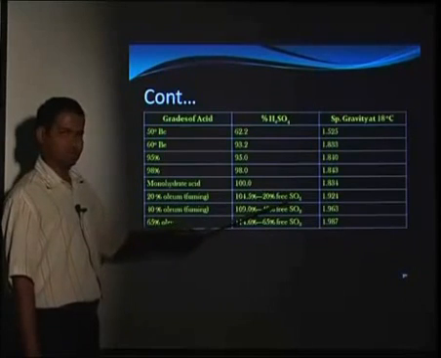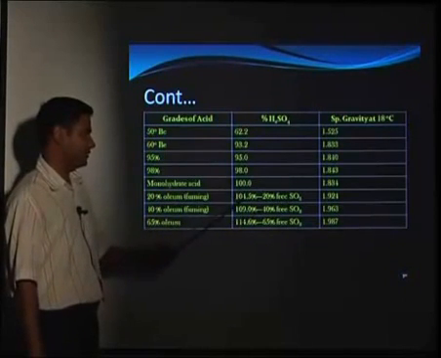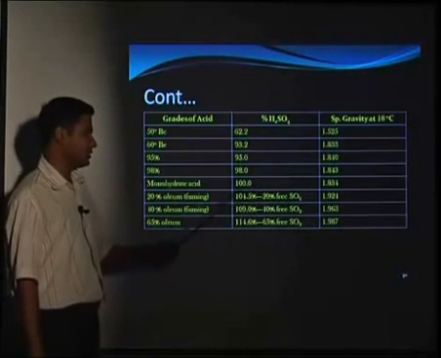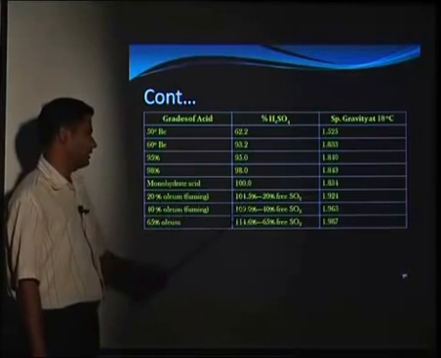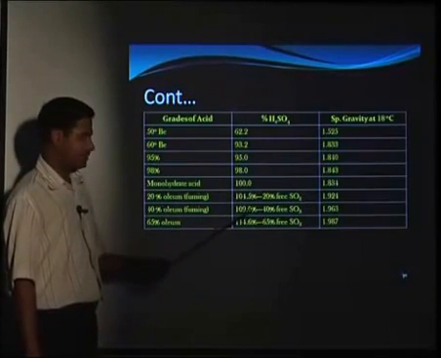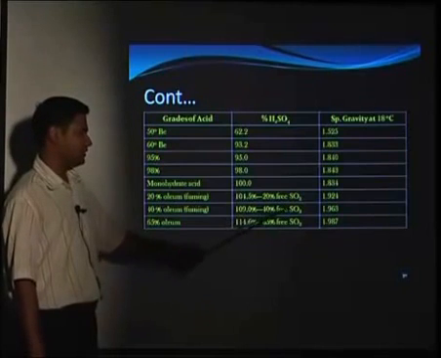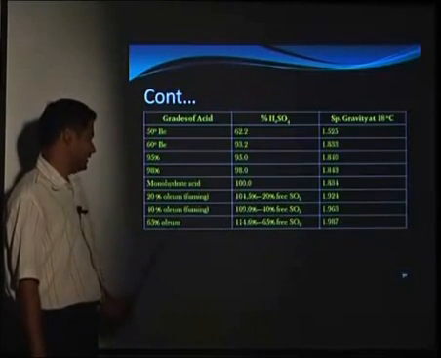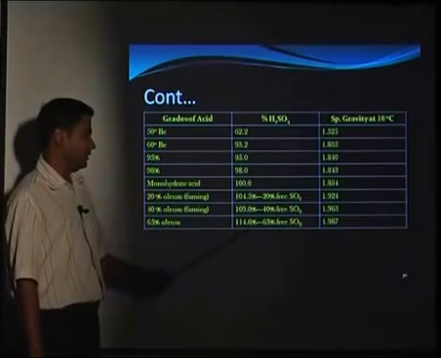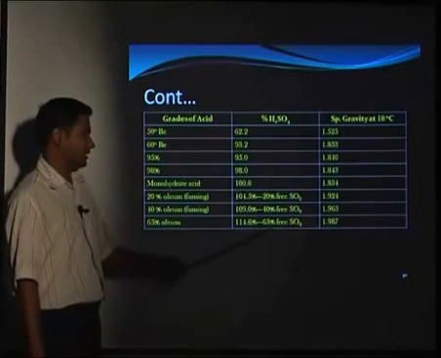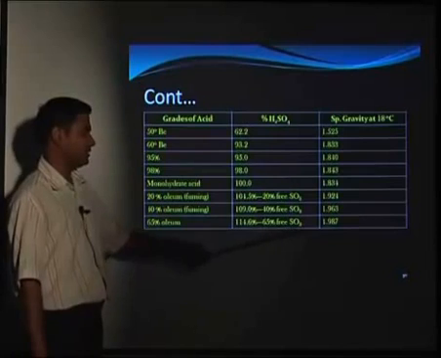Whatever SO3 can be converted into H2SO4 leads to the total percentage of sulfuric acid. Similarly, 40% oleum means 109% sulfuric acid and 40% free SO3. And for 65% oleum, it's 114.6% sulfuric acid with 65% free SO3.